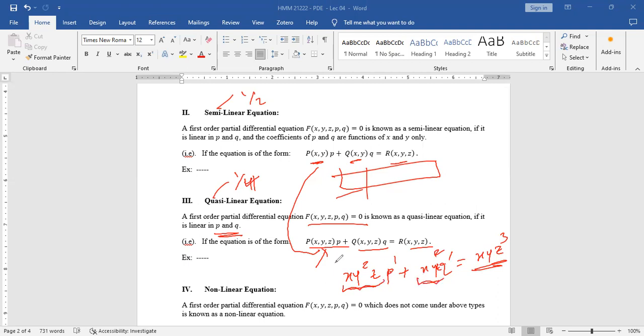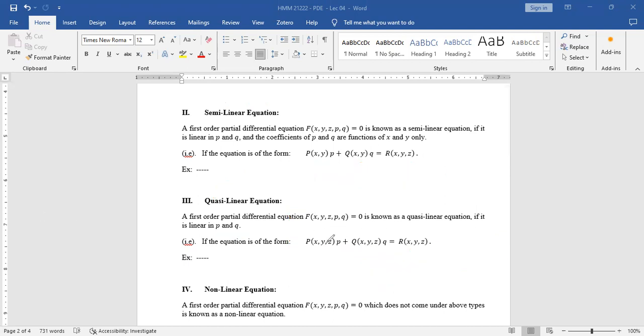I'll show you one example so it will be easier for you. So let's see the first example. For example, x squared z p plus y squared z q is equal to xy. You better keep this z also as 1. Z is also taken here as an independent variable, but it's a function.